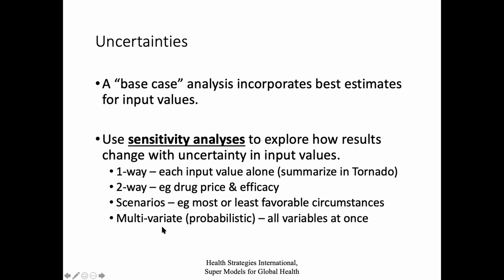And finally, multivariate or probabilistic sensitivity analysis, sometimes called Monte Carlo or Latin hypercube. All of the variables are varied at once, reflecting their probability distributions, and occasionally, if you're lucky, the dependencies among the variables.